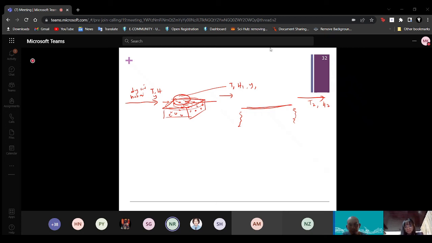Okay, I draw a different color. Let's say moisture dalam ni banyak water, alright? Inside. And on the surface here, you also ada water layer. Dia wet kan?